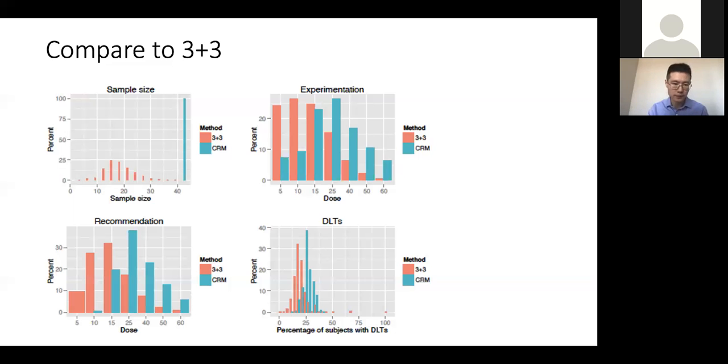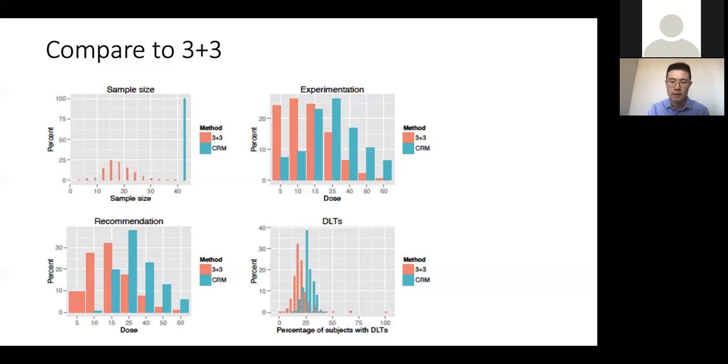You can see the 3+3 design most times recommends 15 milligram, which is the suboptimal dose level. Just remember the targeted MTD should be 25. Okay, so the CRM outperformed the traditional 3+3 design in recommendation of the correct dose level as the MTD.